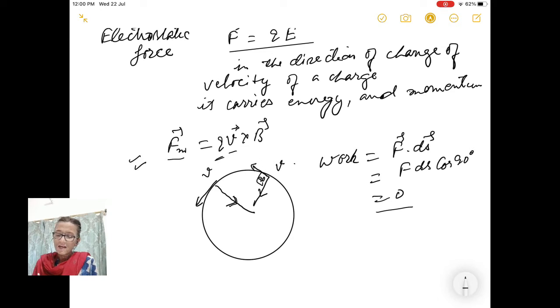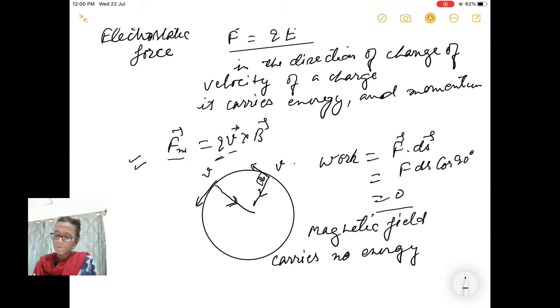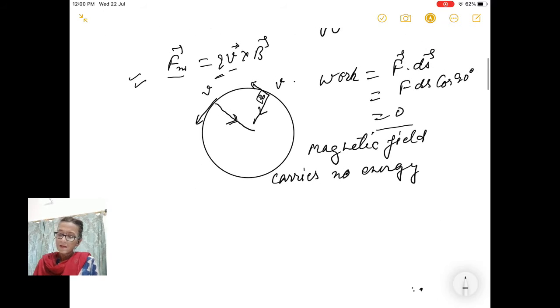It suggests that the magnetic field carries no energy. It also does not carry momentum.